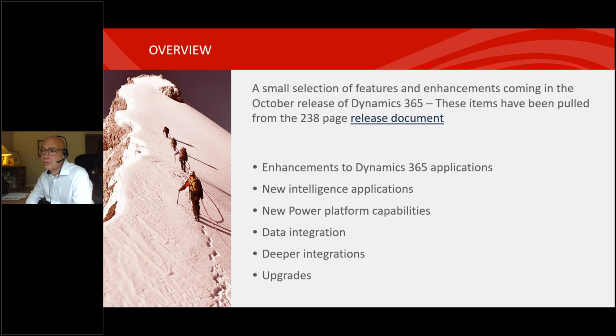So there's Business Central stuff in there, there's some stuff about AX and some stuff about Power Apps, and the whole Dynamics suite of business application products. So what I've done for the purposes of this webinar is I've taken out from that document some of the things that I think are interesting, great new features, and some of the things that I feel we as Dynamics users need to be aware of and need to plan for in the coming months.